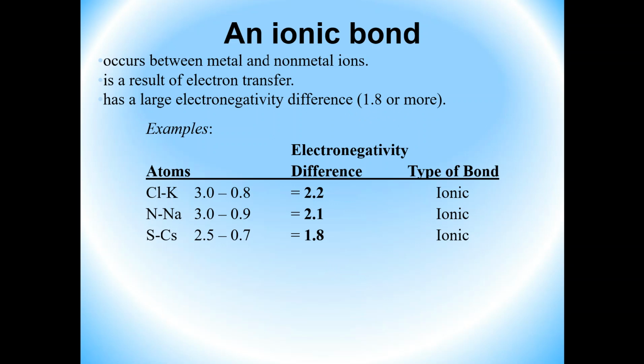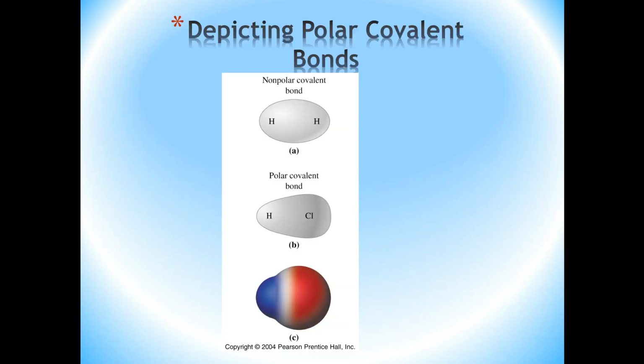All right. So how do we depict, using diagrams, polar covalent bonds? Well, we can use this representation here. Just to give you some contrast, this is the hydrogen molecule. This is the hydrogen to chlorine molecule. And this is basically representing the even distribution of electrons between the two identical hydrogen atoms in the hydrogen molecule.